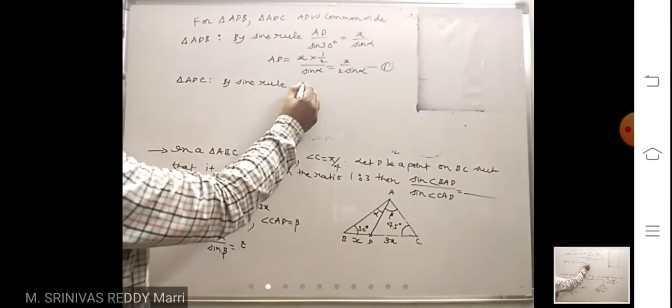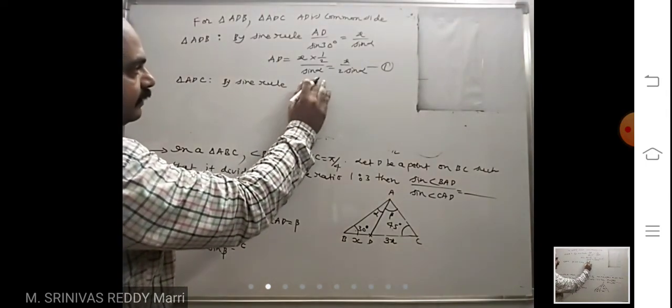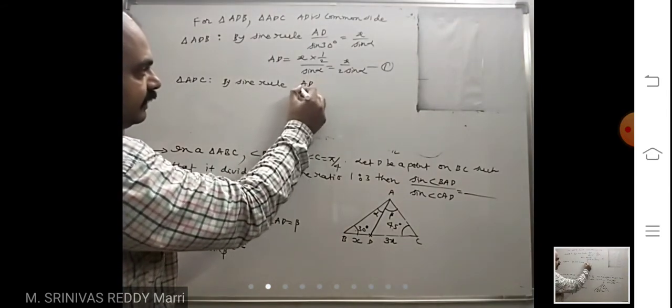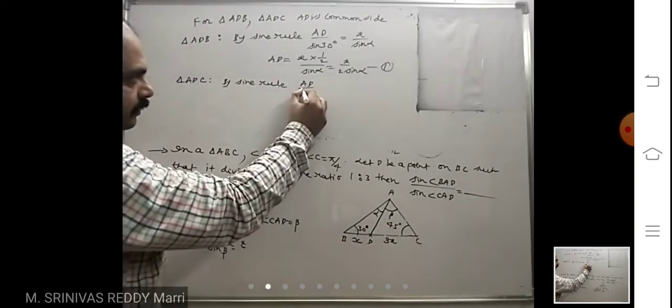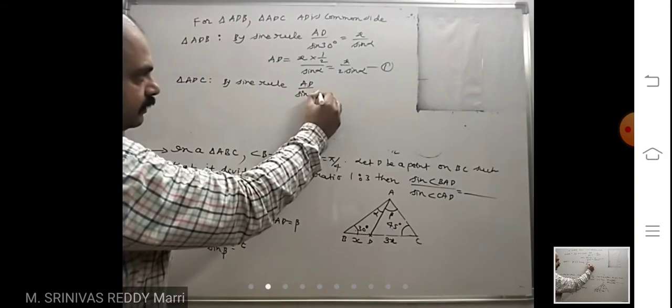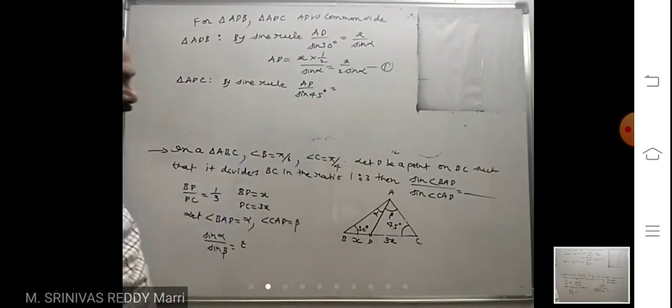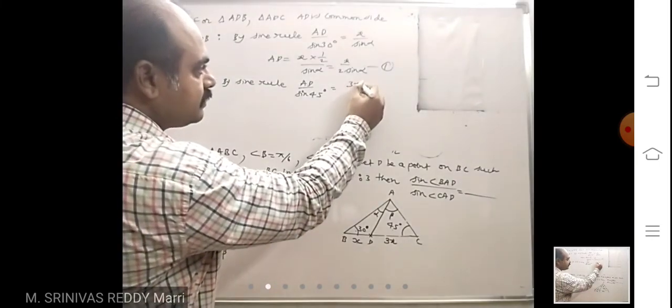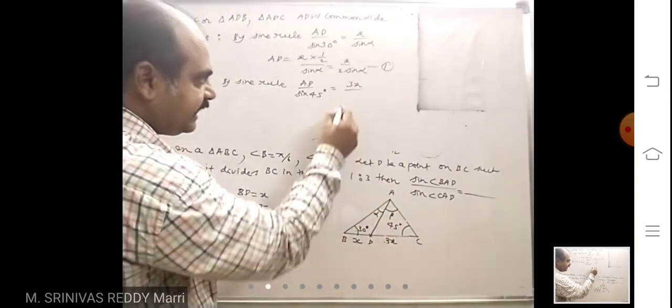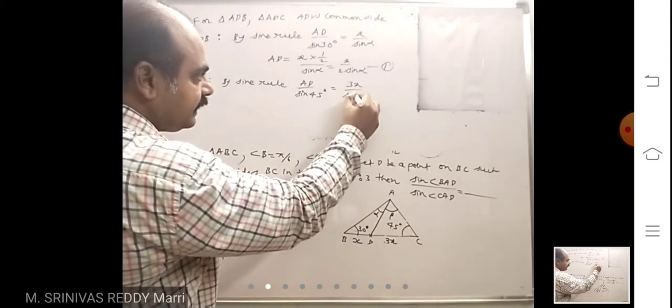AD divided by sine of the opposite angle equals this, which I know, 3x, divided by sine of the opposite angle.